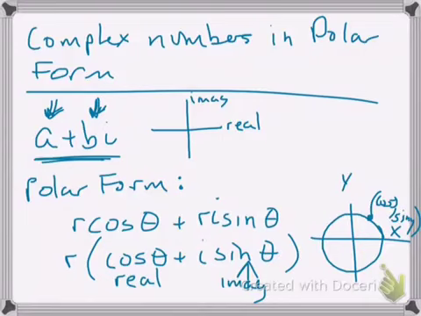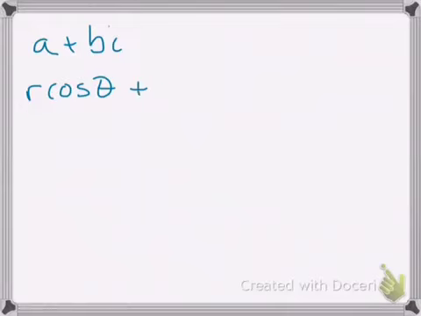We need to determine what R and theta are related to the complex number. So a plus bi is going to translate into R cosine of theta plus R times i sine of theta.